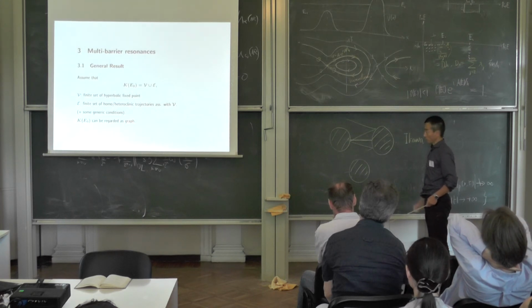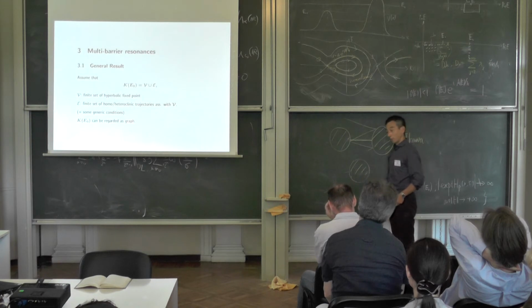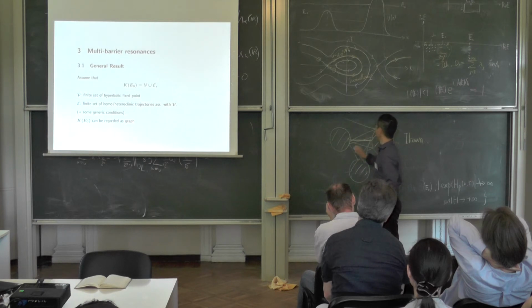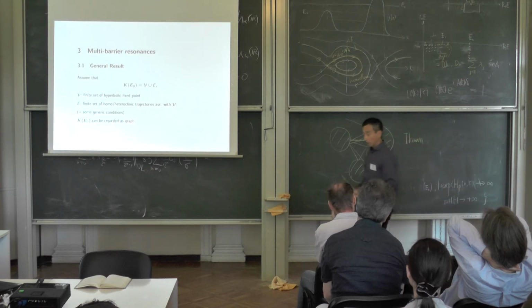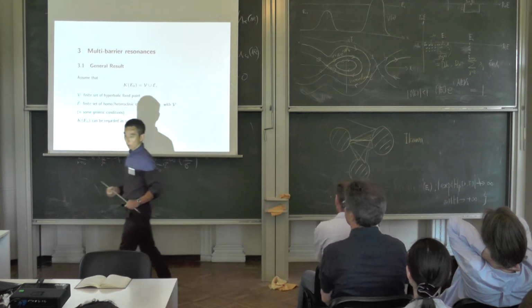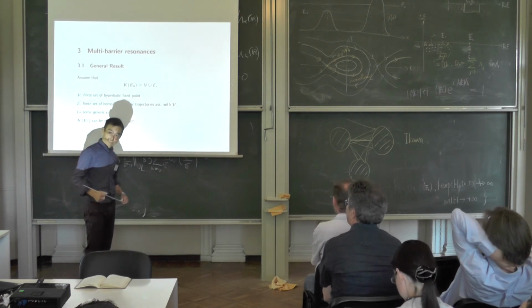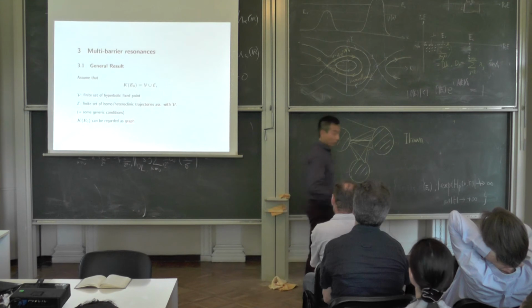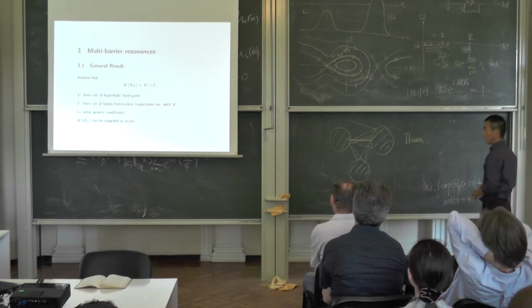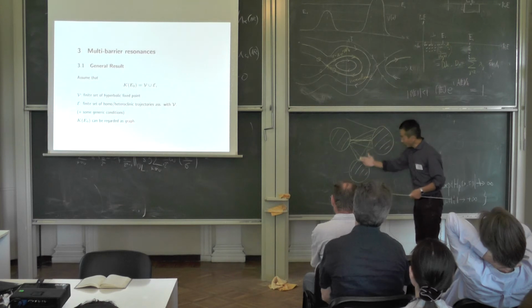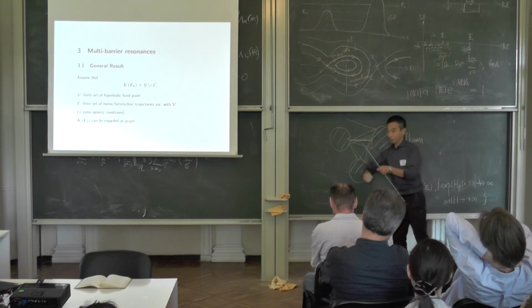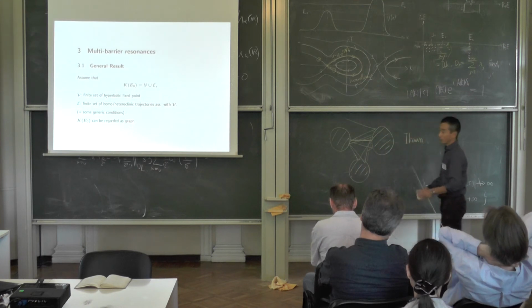Because if you have more than two obstacles, the trapped set becomes very, very complicated, and it is known that the trapped set becomes a fractal of fractional dimension. And it is no longer easy to get a quantization condition because it is too difficult to continue our asymptotic solution. So it's very difficult.